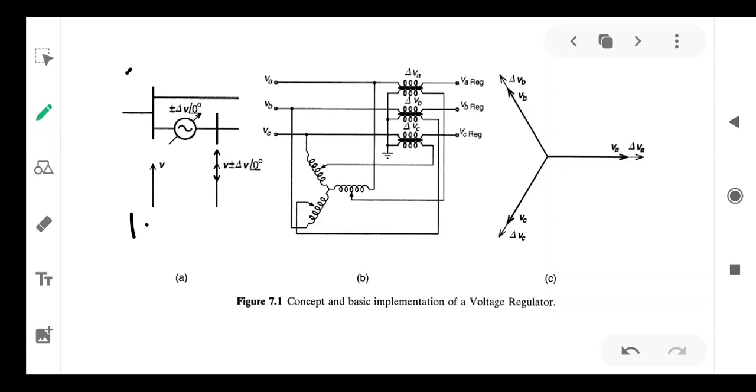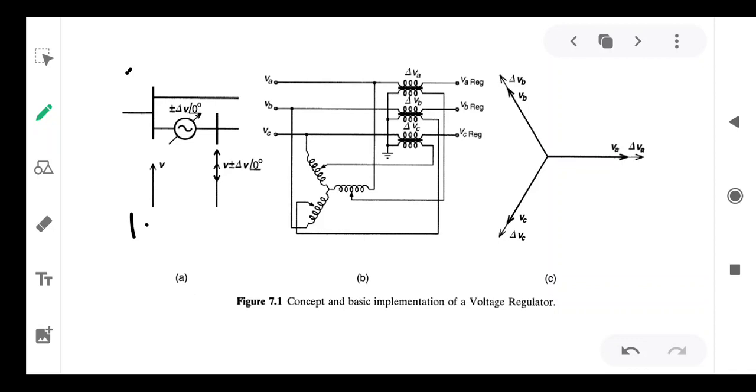This magnitude controller will have plus or minus delta V at 0. So here we will consider only magnitude control. Phase angle control is not considered now.